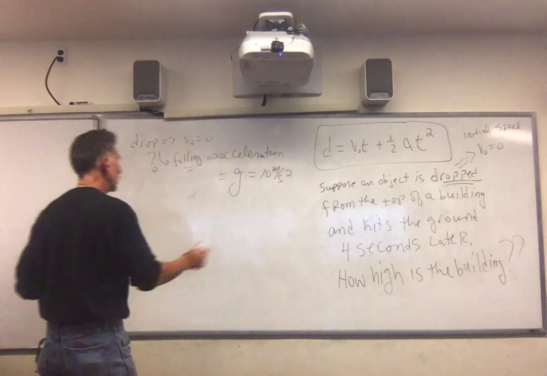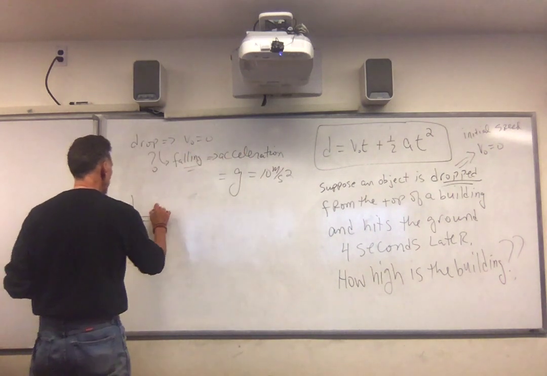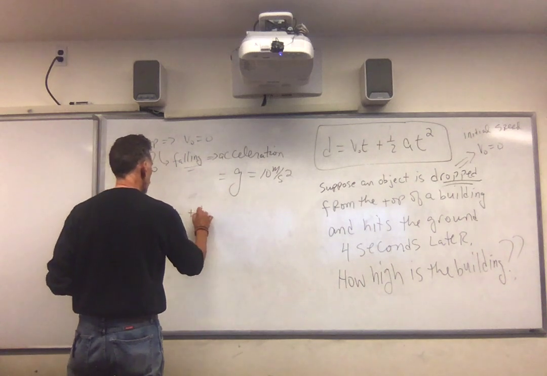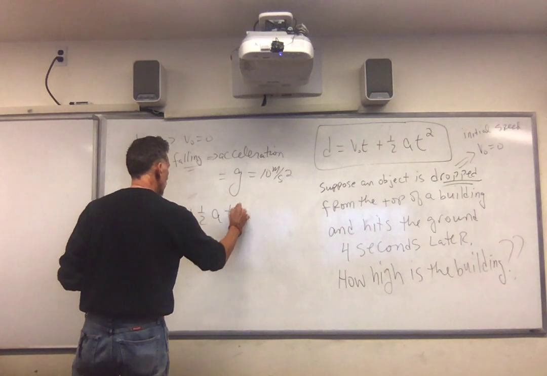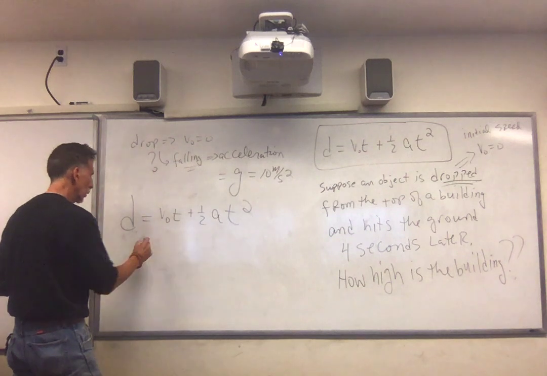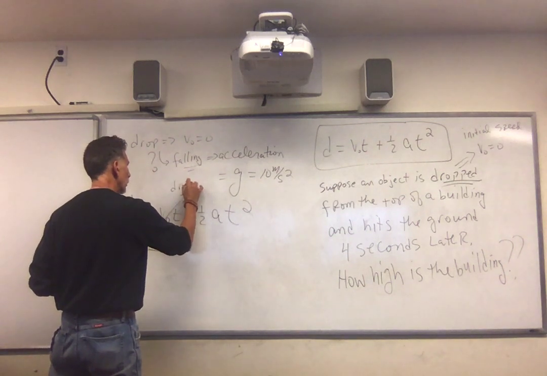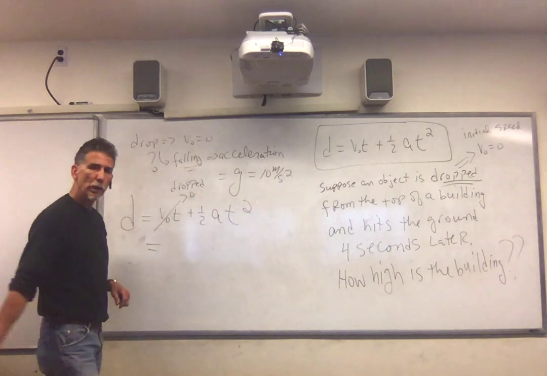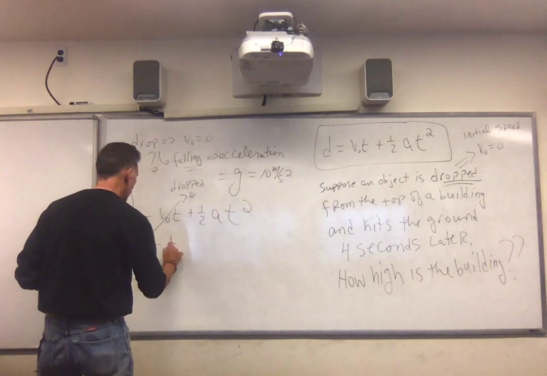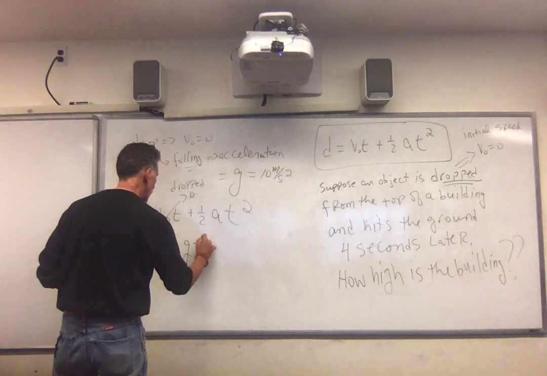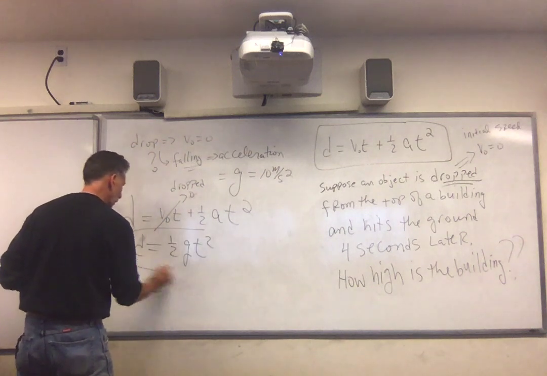So what does our equation become? Our equation becomes V0t plus 1/2 at squared. Watch. It is equal to, we said V0 was 0 because it's dropped, so 1/2 gt squared. Look at how easy this is.